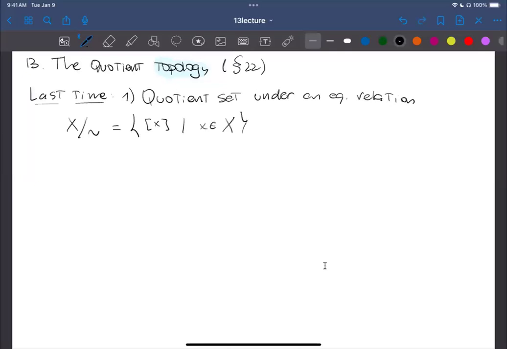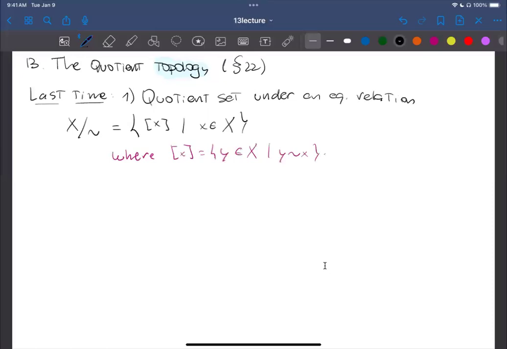And remember here the equivalence class of a point x is the subset of X, namely all points which are related to your given x. So this is very important.